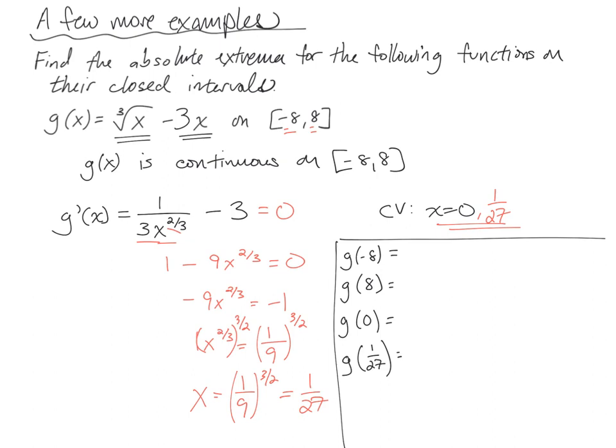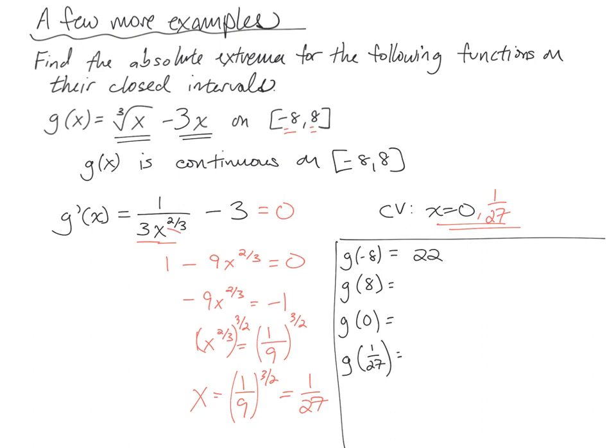So with that, we will substitute -8 into this function. And when you take the cube root of a negative number, you're allowed to do that. It just ends up being negative. So the cube root of -8 is -2. Negative 3 times -8 is 24, so that's 24, and a -2 would be a positive 22.